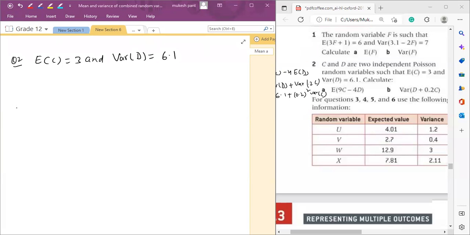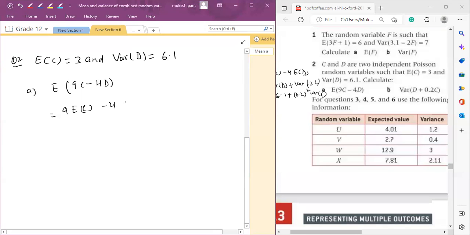We have to find the expected value of 9C minus 4D. As per the formula, it means 9 times the expected value of C, minus 4 times the expected value of D.